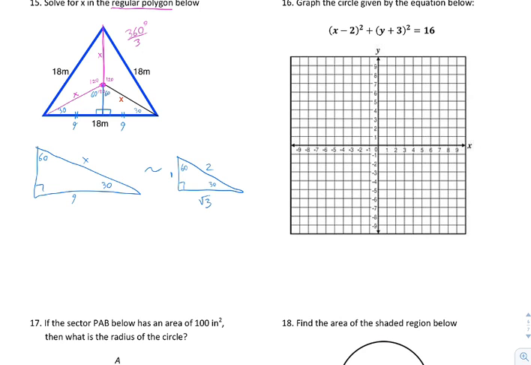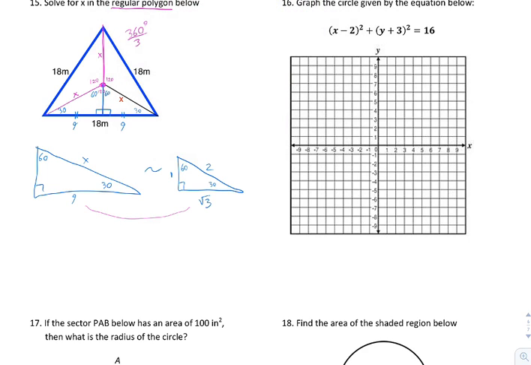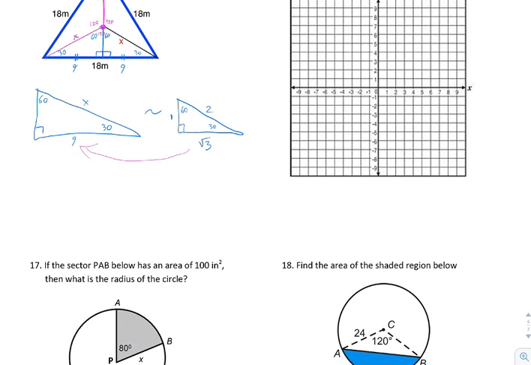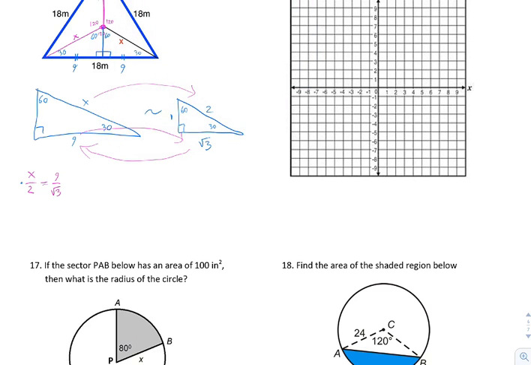This time I don't see an easy relationship. Like, what did I multiply root 3 by to get 9? I could figure it out, but that's not easy for me. So let's just set up a proportion. X is to 2 as 9 is to root 3. Now I could either cross multiply or just multiply by 2 to get x by itself.